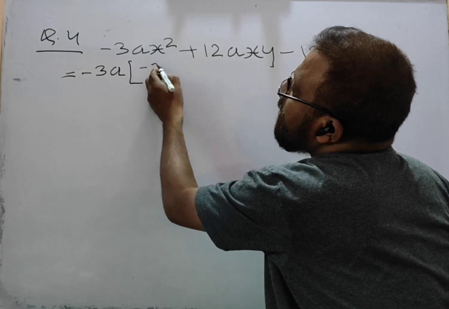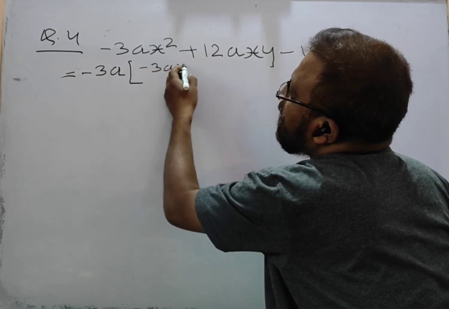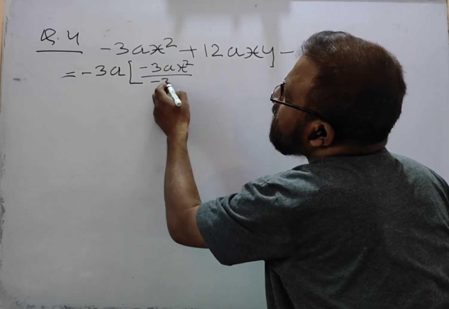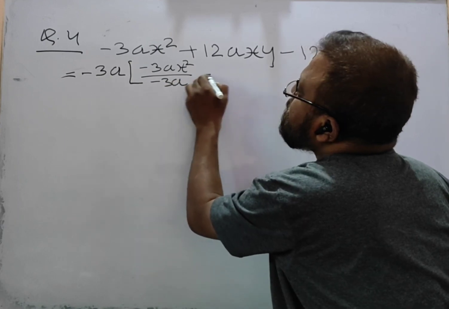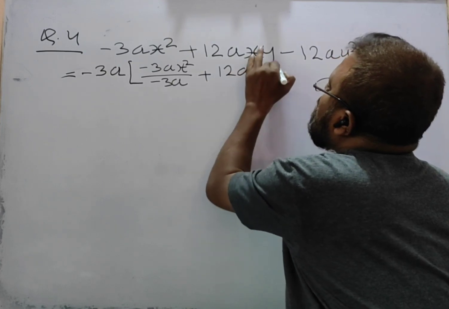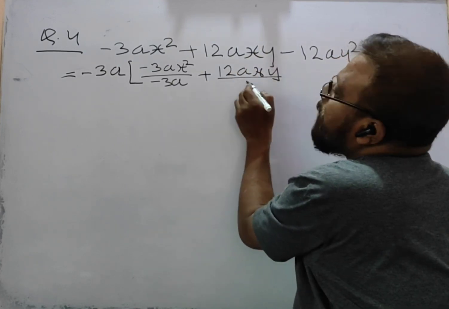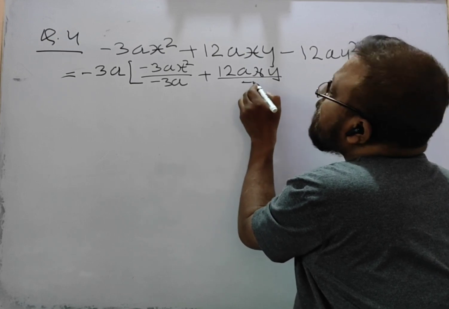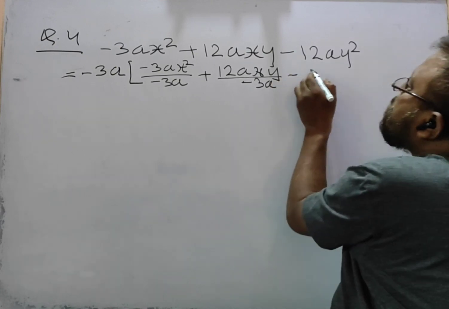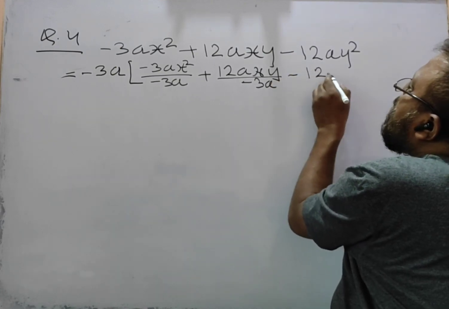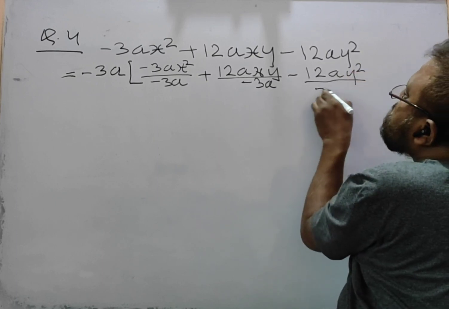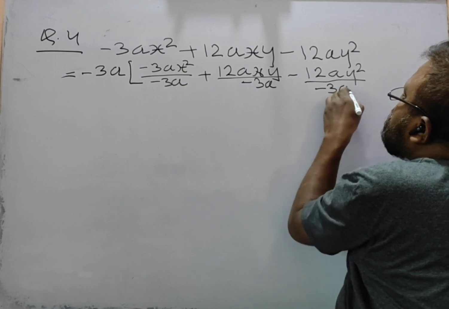Minus 3ax square divided by minus 3a, plus 12axy divided by minus 3a, and minus 12ay square divided by minus 3a, right?